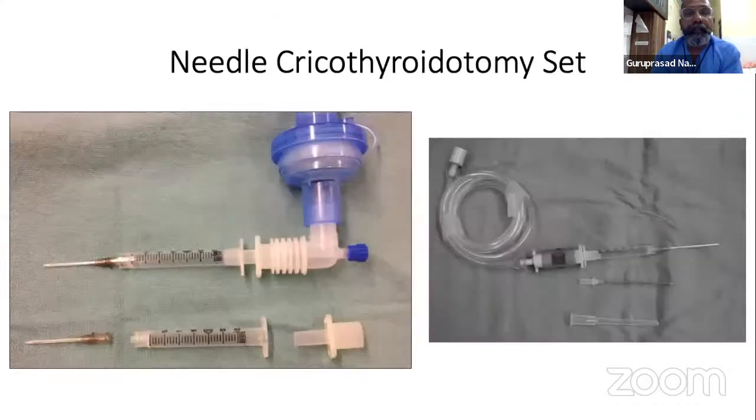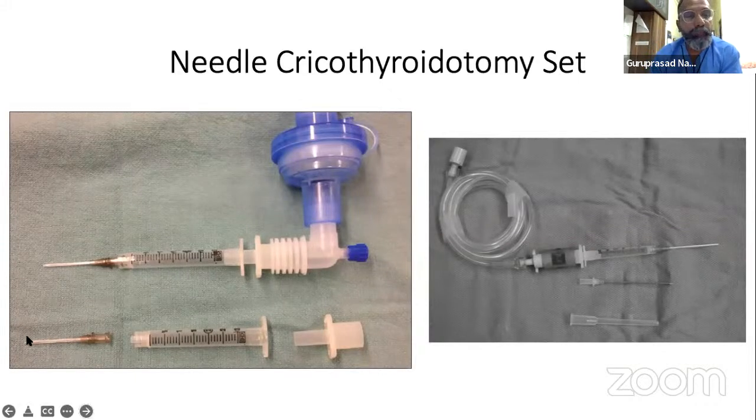This is one thing which we routinely keep in our OT: the thickest possible needle with a syringe and the connector of an endotracheal tube, which is connected in this way, and this can be connected to the ambu bag. We have to keep this set ready and stuck to the wall.